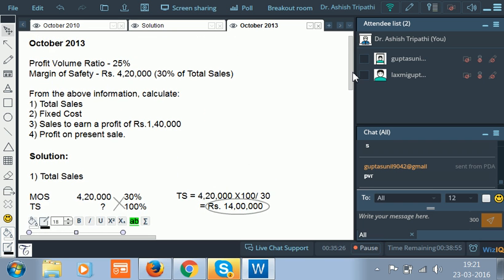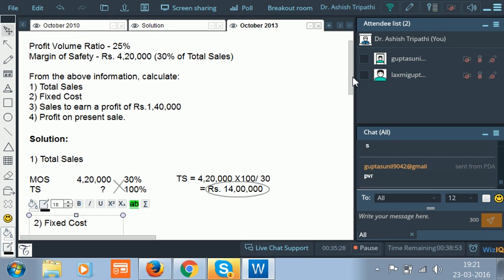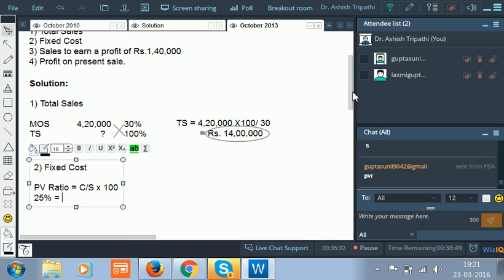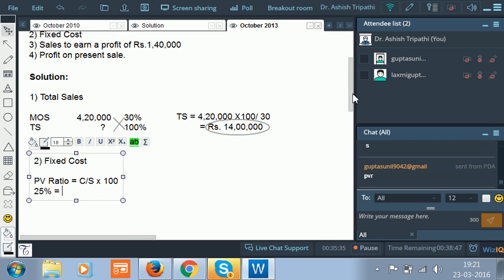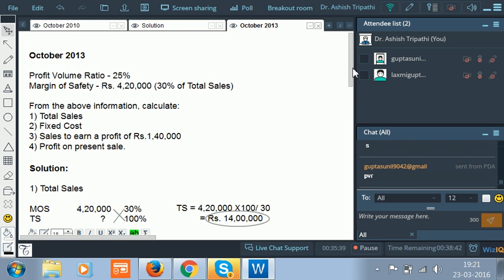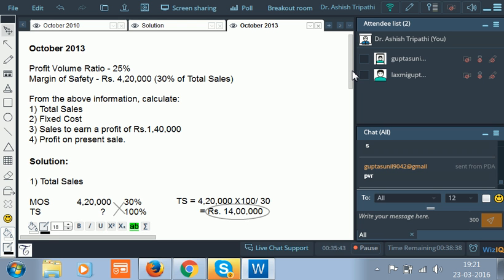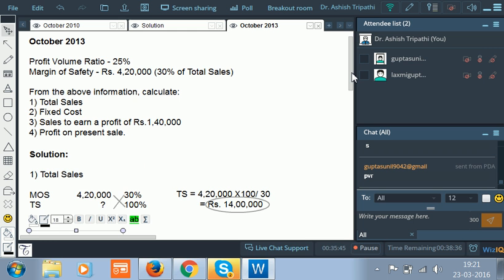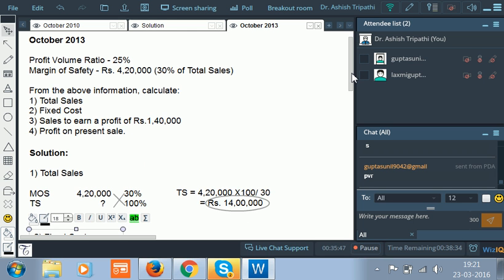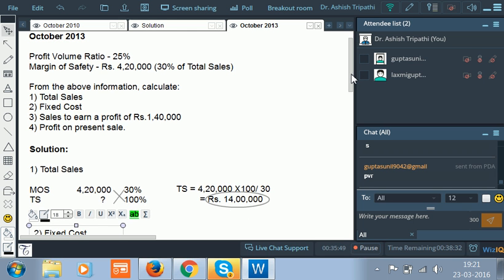Okay. So if we calculate this, we will get contribution, and we don't have profit.